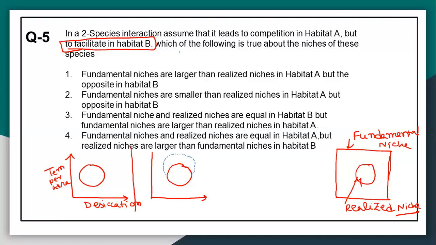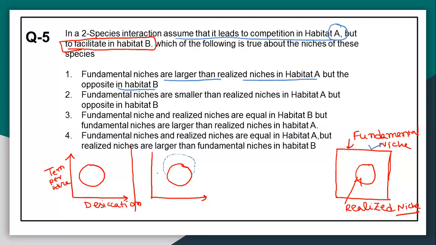So the fundamental niche is larger than the realized niche in habitat A but opposite in habitat B. In habitat A there is competition, and if there is competition, the fundamental niche is larger than the realized niche.